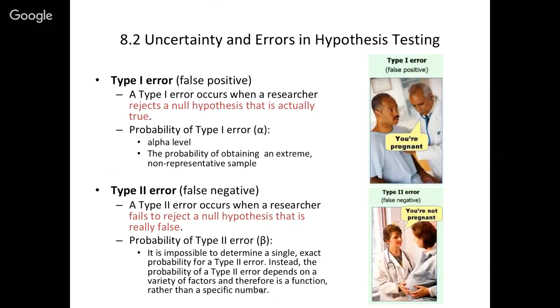So let's focus on the probability of type 1 error first, because type 2 error is too complicated. Any question about type 1 and type 2 error?